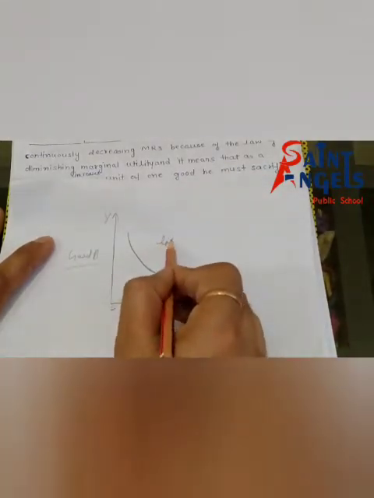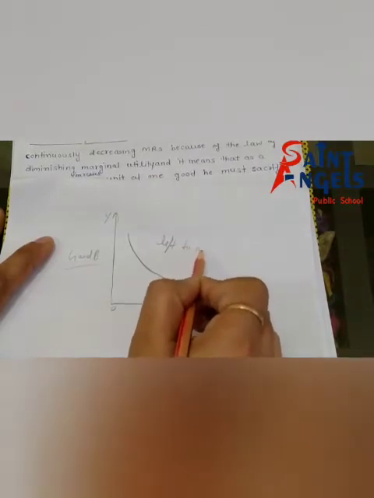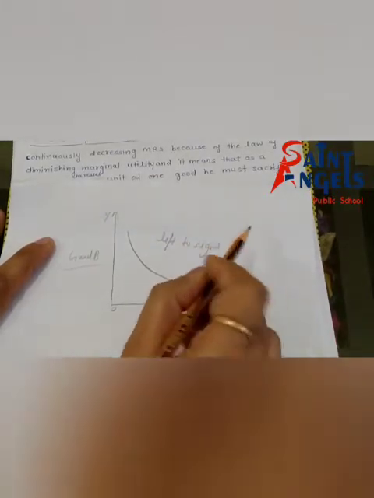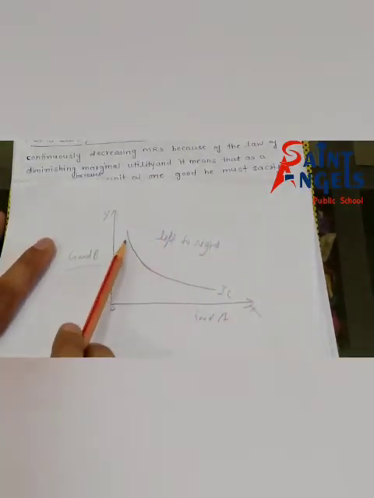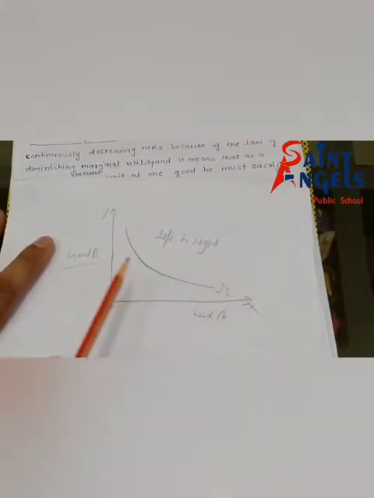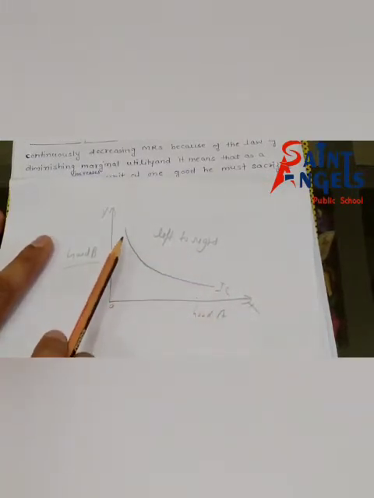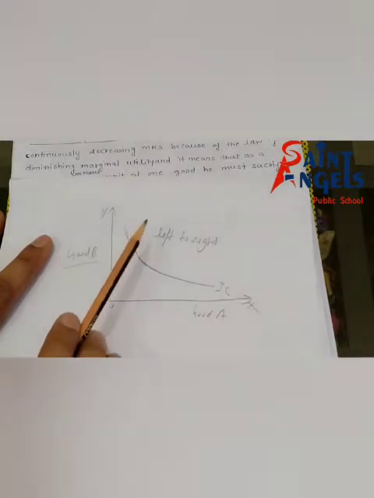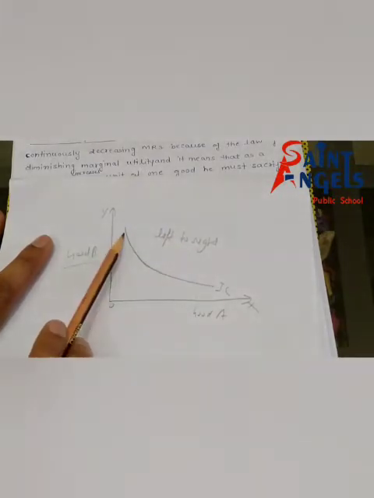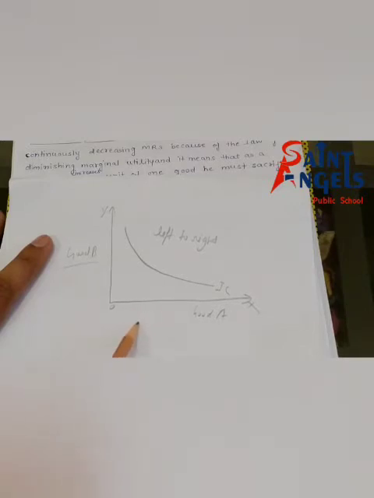If you go from left to right, consumption of good A will increase and consumption of good B will decrease.